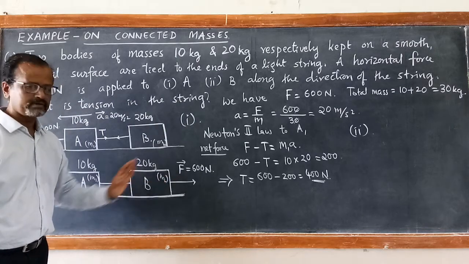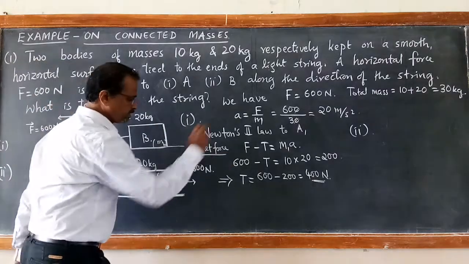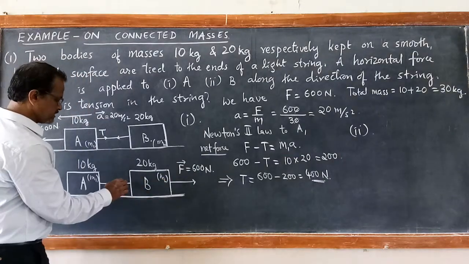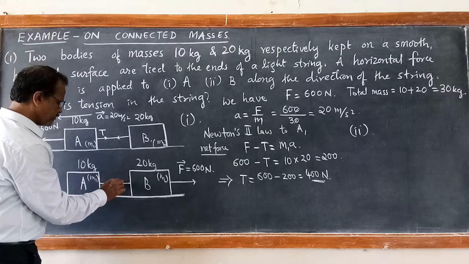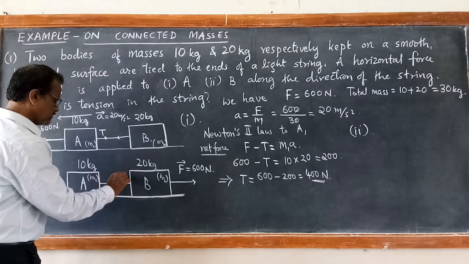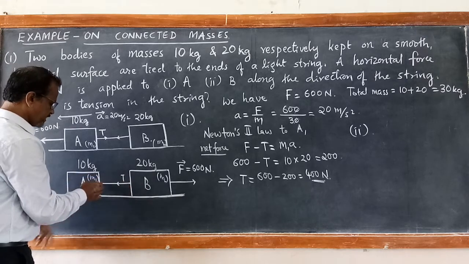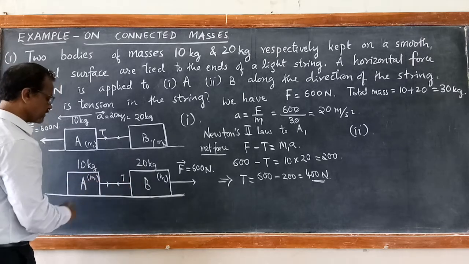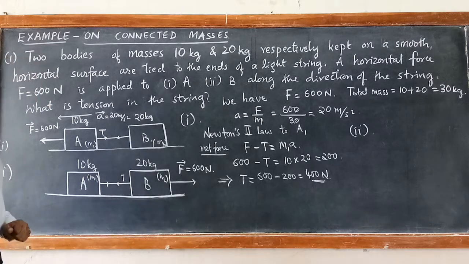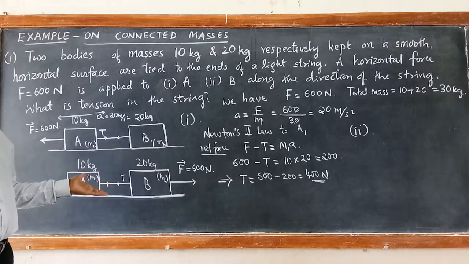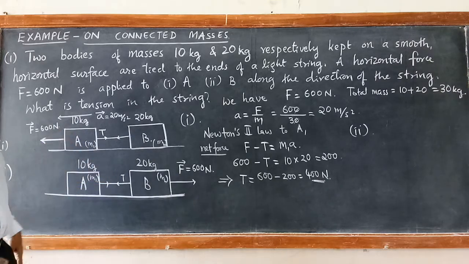Now the force is applied towards the right side on block B. Then the tension in block B will be towards the left side. So B is being pulled by A and A is being pulled by B. So this becomes the tension.